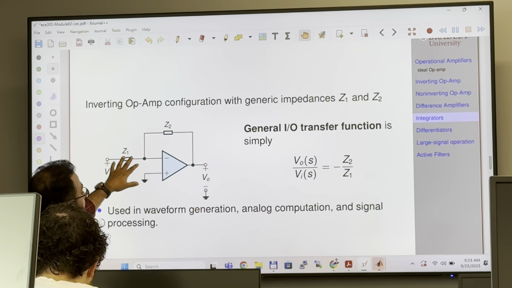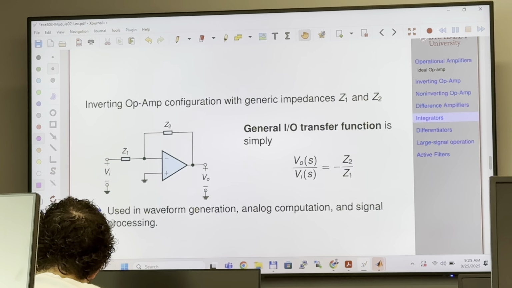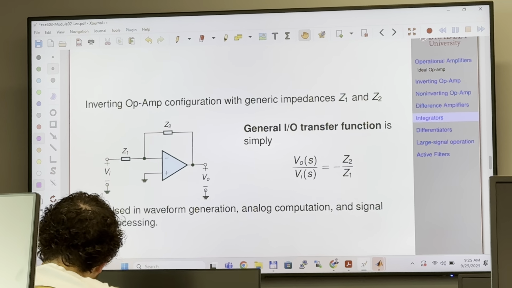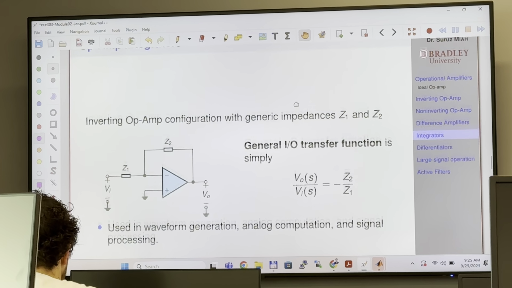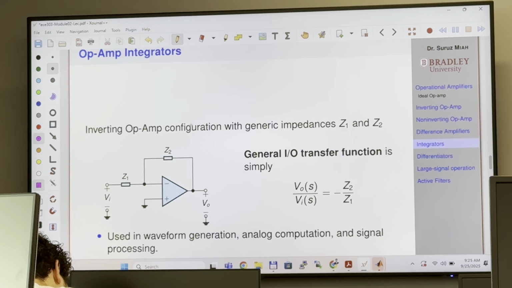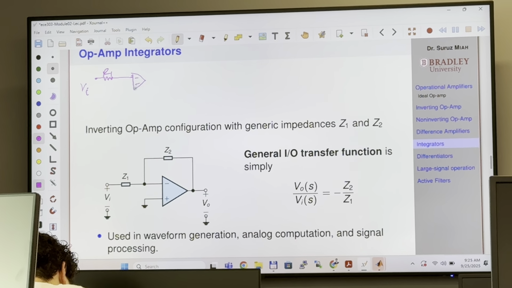Now, if you look at the inverting operational amplifier, the way we saw it last week, we started with this configuration: resistance R1, this is input VI, negative, positive. The positive terminal is connected to ground.